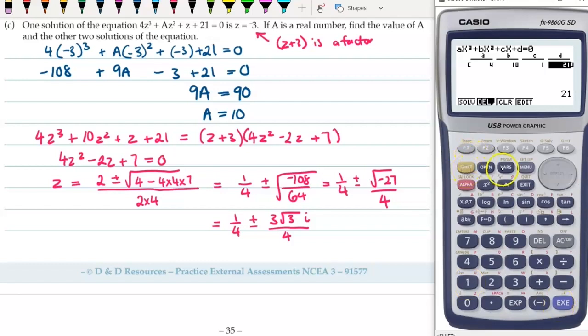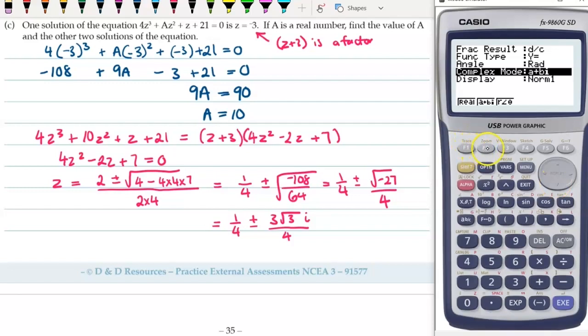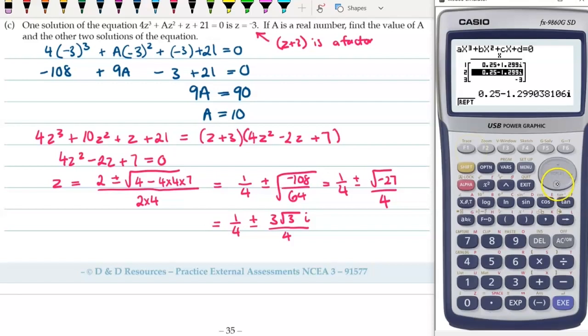We can set up our options to show us the complex roots and then solve it. And you can check that these answers match what we've got just here. They are in decimal form, but those decimals do work out to be the same as this.